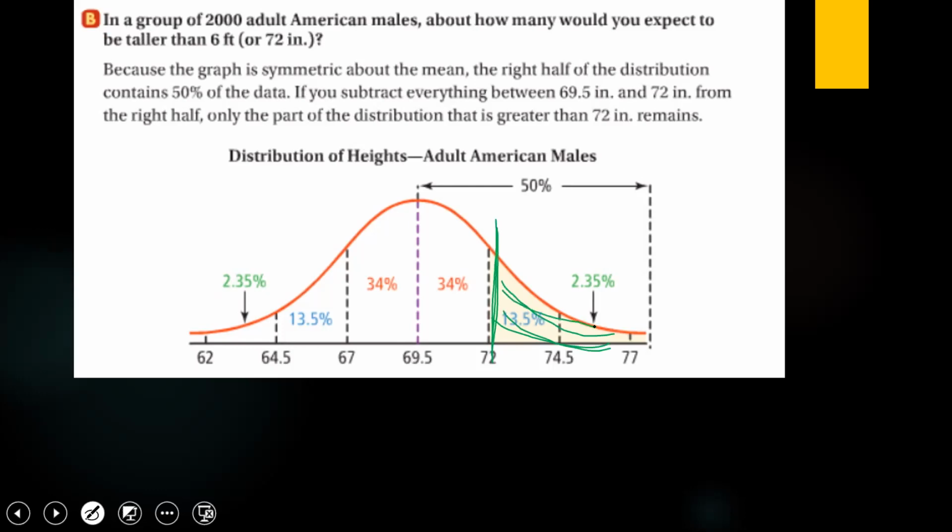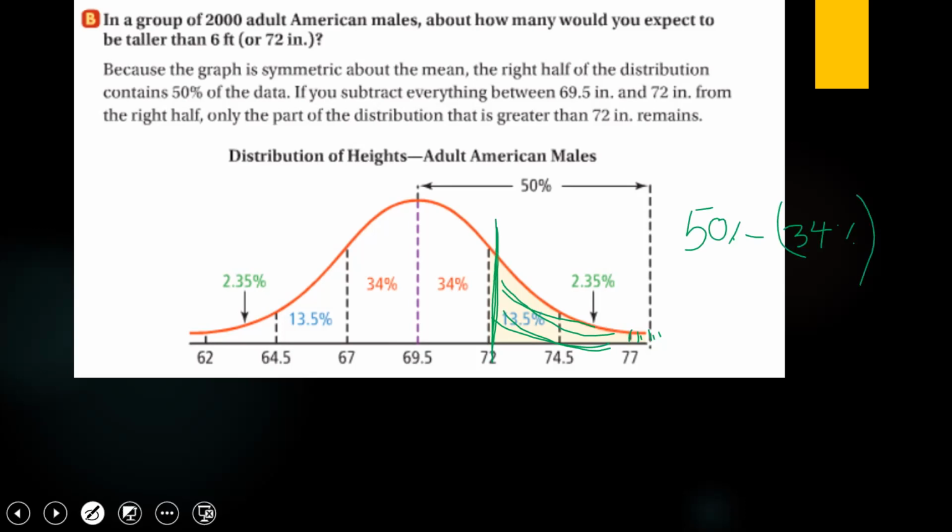How do you find the percent or the area above 72? Be careful. Don't say it is 13.5 plus 2.35, because as I told you, here we have an area that is unmeasurable. So to find the area above 72, since the area under the curve from the mean up to the end of the normal curve is 50%, you have to subtract 50% minus 34.